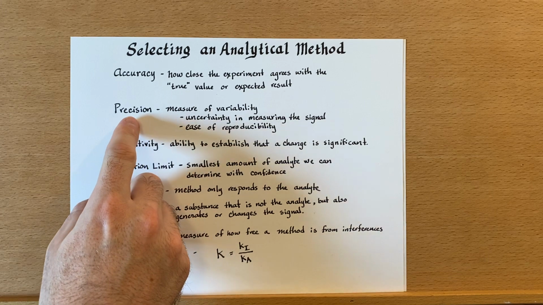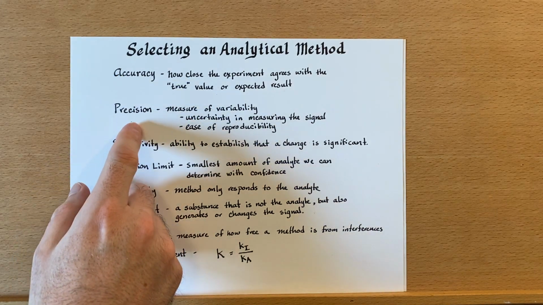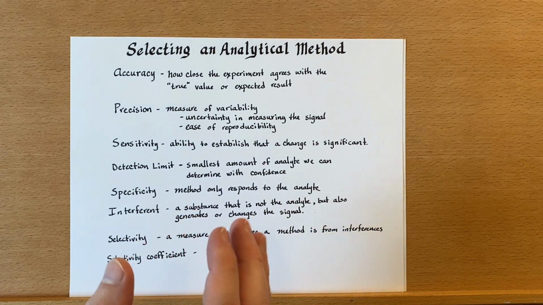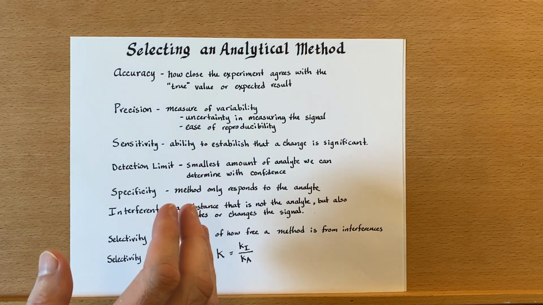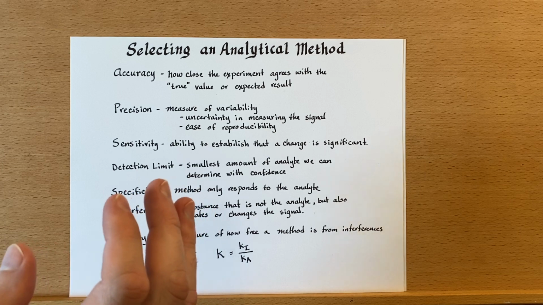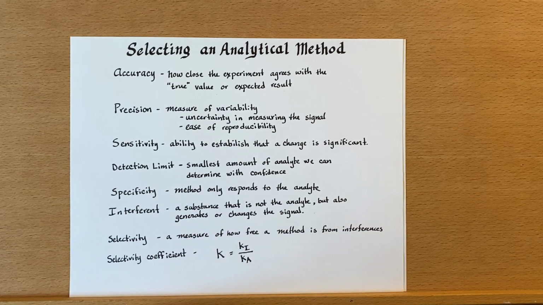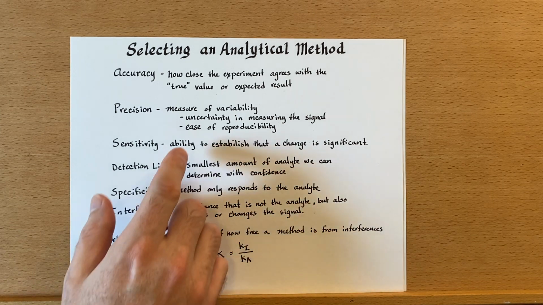Now, precision is sometimes confused with accuracy because some people think that just because we have a very precise answer means that it is somehow accurate. That is not necessarily the case. They often go together, but they are separate quantities.